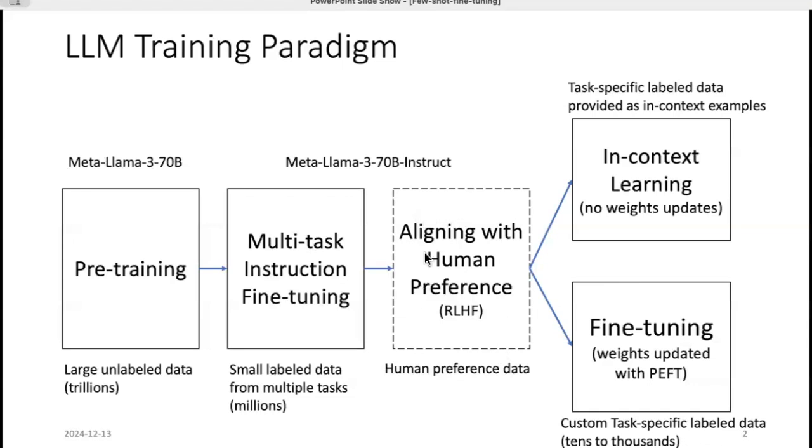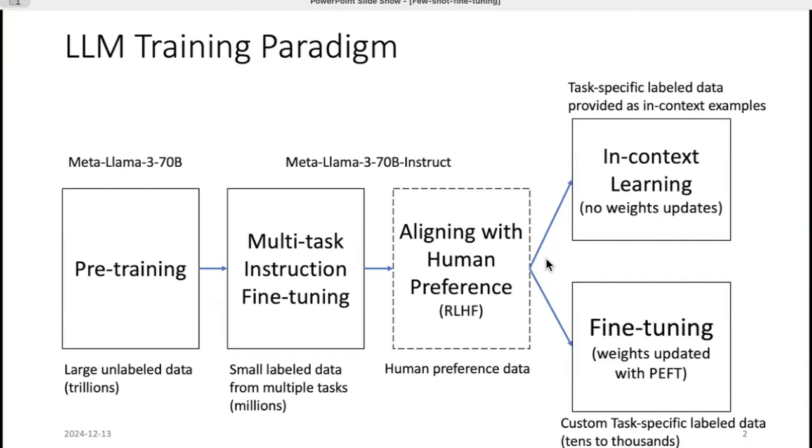I think this step is optional, depending on what specific task you're on. If it's a chatbot and human preference is very important, then this step is essential to better align with the human preference. So these are what needs to happen before we have access to it and we try to adapt it to our use cases, right?